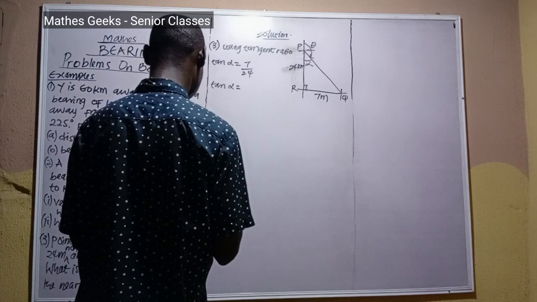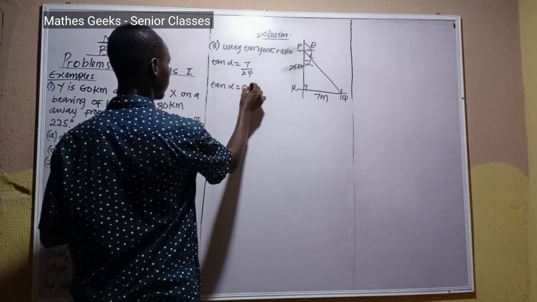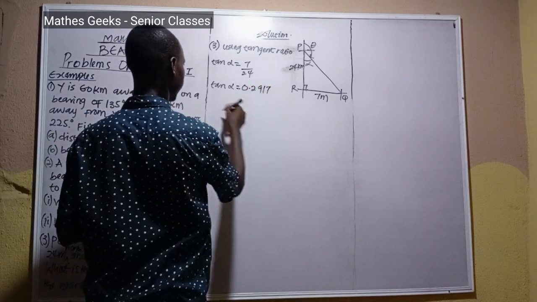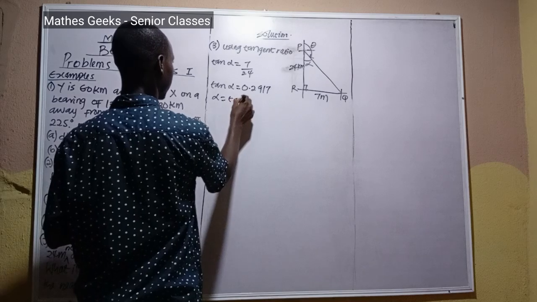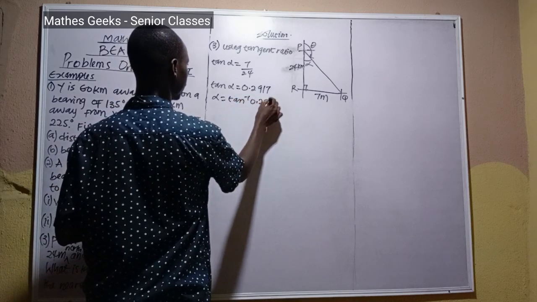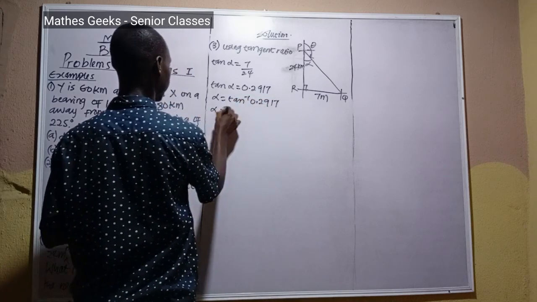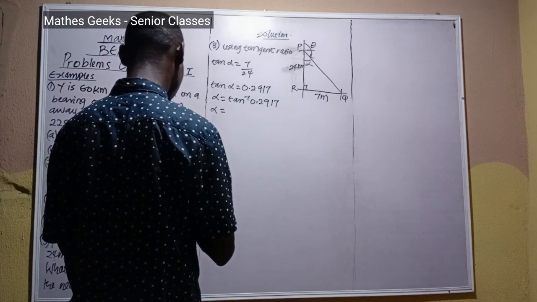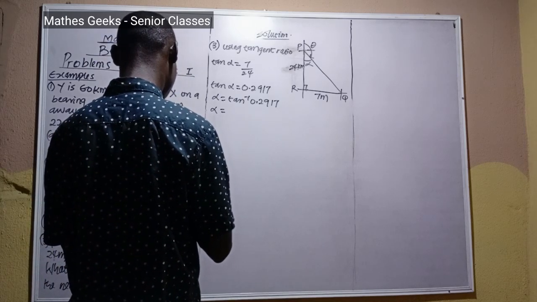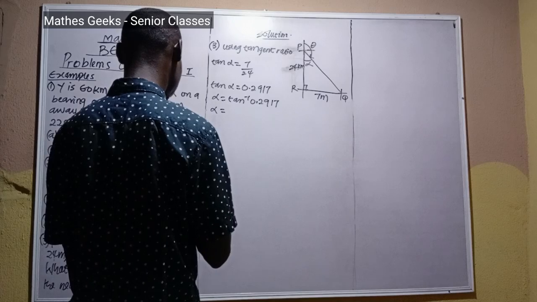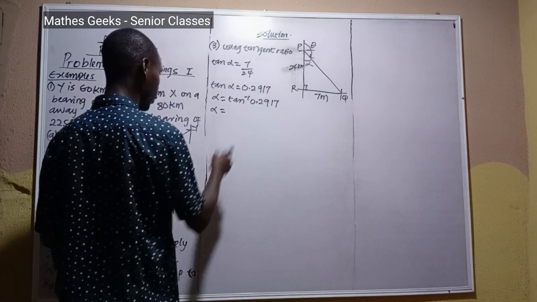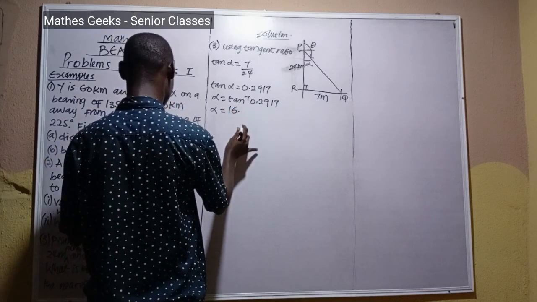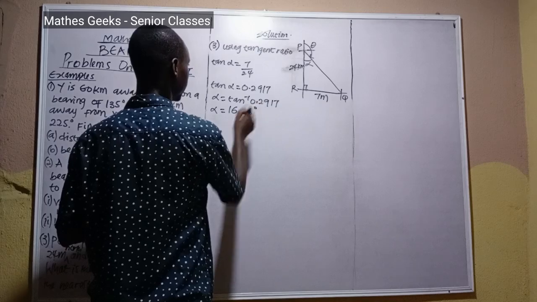That will give us 0.2917. So alpha is arc tan of 0.2917, which will give us 16.26 degrees.